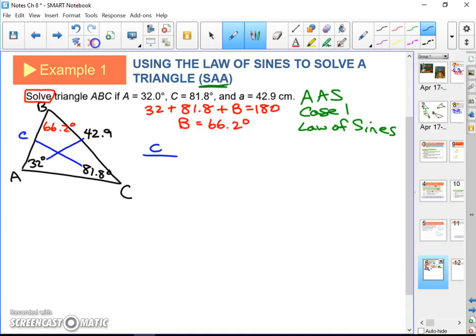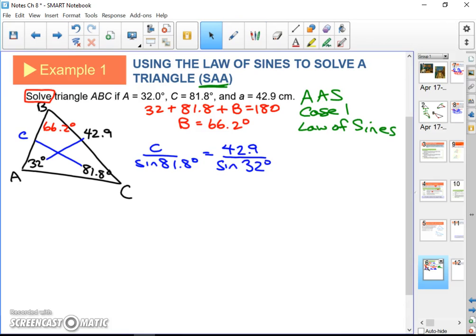You have little c over sine 81.8 degrees equals, and we use the side for a, 42.9 centimeters over sine 32 degrees. And then we're going to cross multiply.